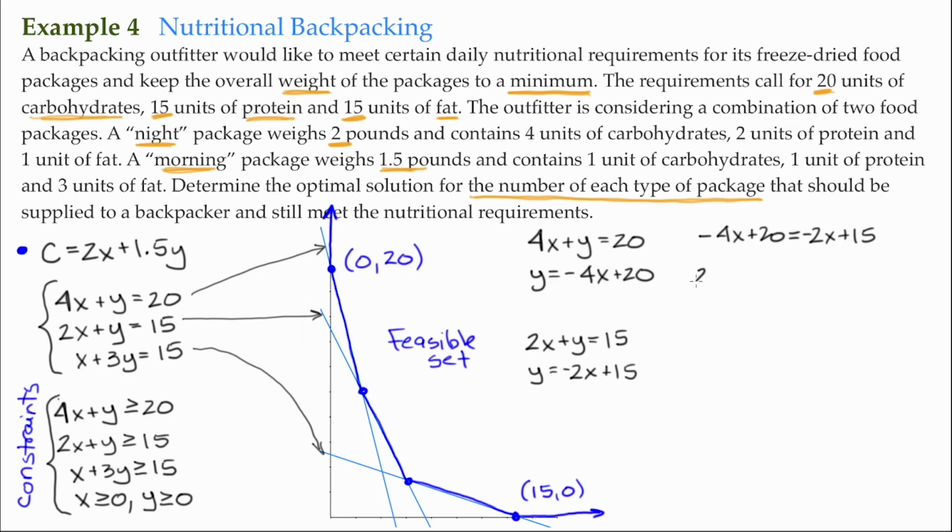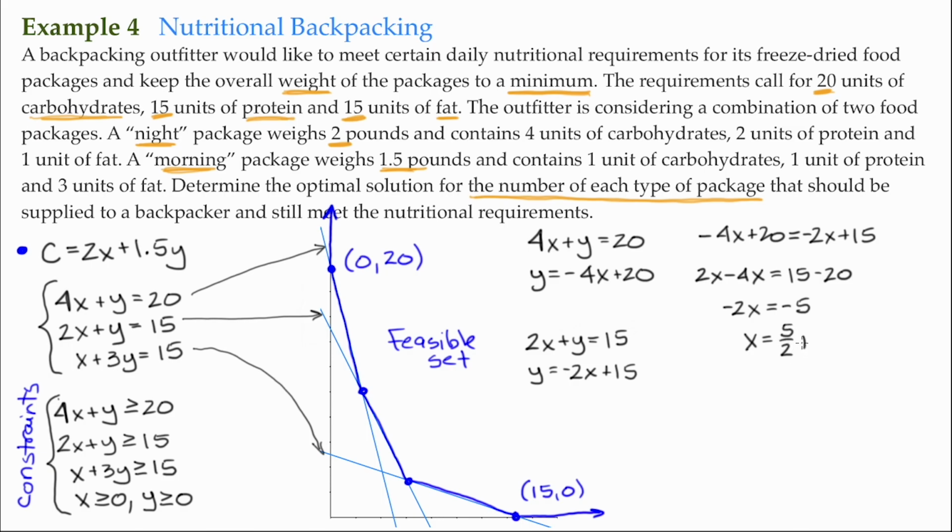So we'll have 2x minus 4x, that's going to be equal to 15 minus 20. 2x minus 4x, that's negative 2x. 15 minus 20, that's negative 5. So x has got to be 5 halves.